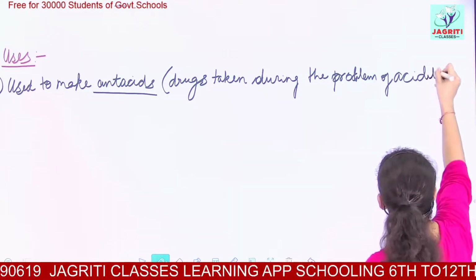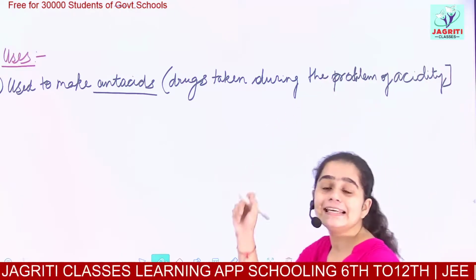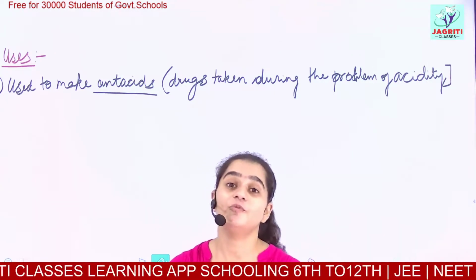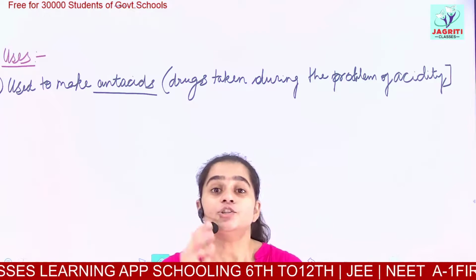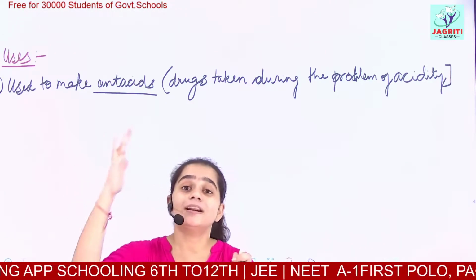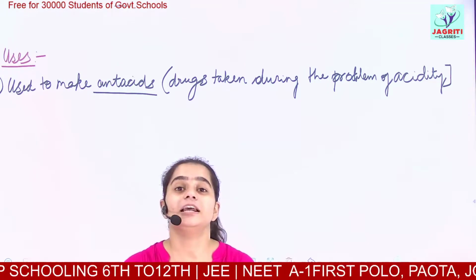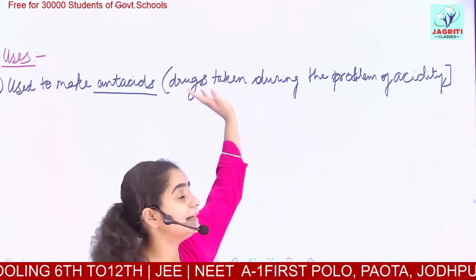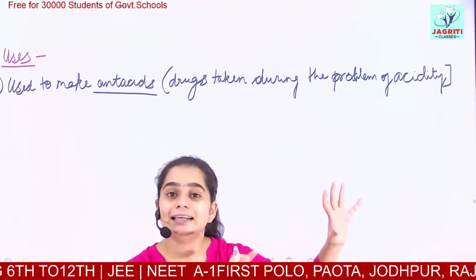We discussed in the importance of pH, the daily examples. In our digestive system, we have our acid HCl. When HCl is produced in excess amount, to neutralize the HCl, we take the tablets or the syrups, which are antacids against acidity.